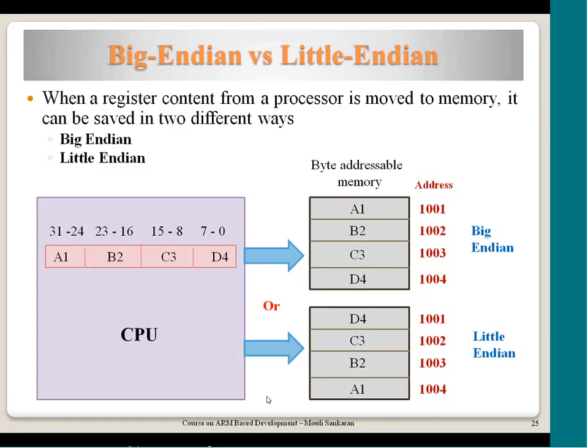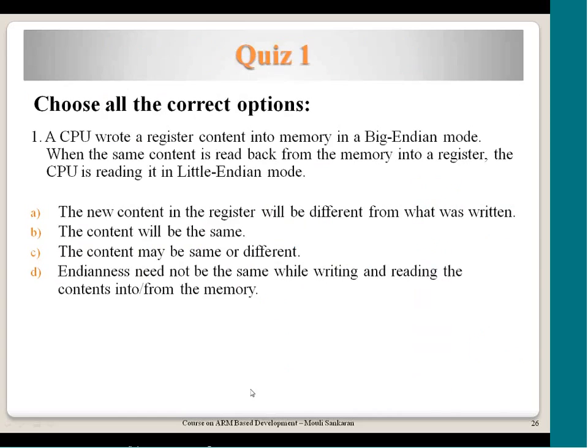Now let us have one question here, and I suggest you freeze the presentation and try to answer this before seeing the correct option. Suppose a CPU writes register content in Big-Endian mode. Can it read that memory content back into a register in Little-Endian mode? Which options are correct?